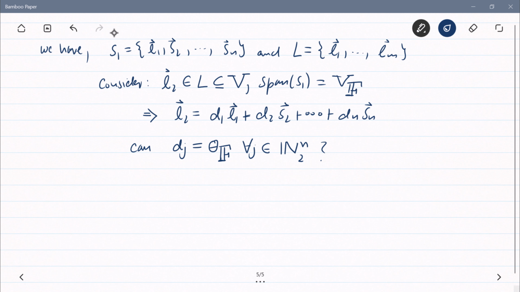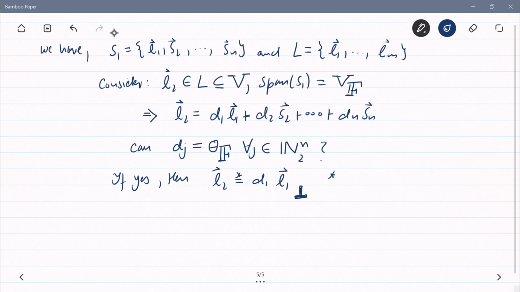Not exactly, because if yes, then L2 is equal to D sub 1 L1. Then this shows linear dependence. This is a contradiction, obviously. This cannot happen.